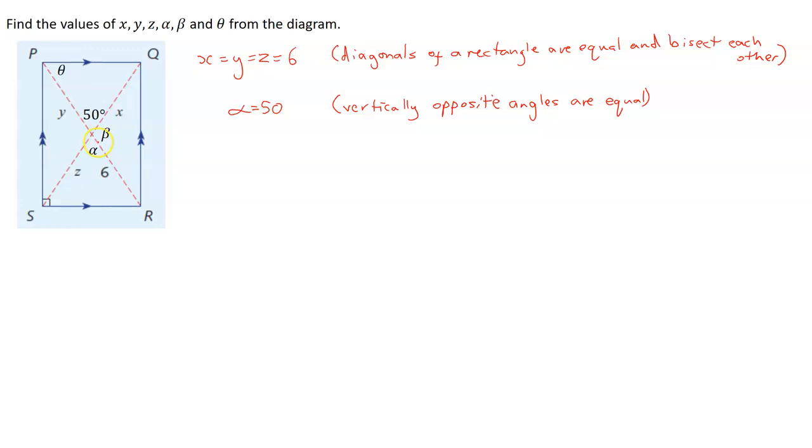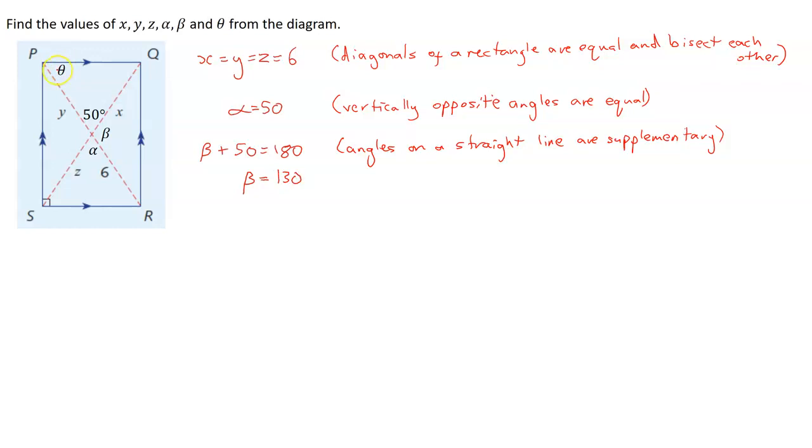So we know that angles on a straight line are supplementary. They add up to 180. So beta plus 50 equals 180 because... I mixed up my T and my A there. And so I can subtract 50 from both sides to get beta equals 130.